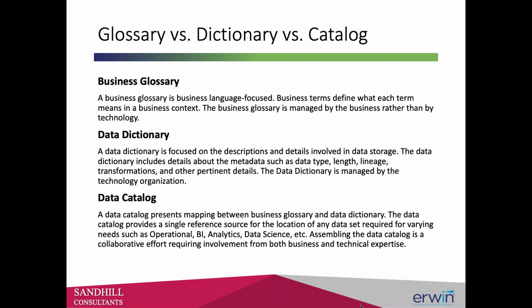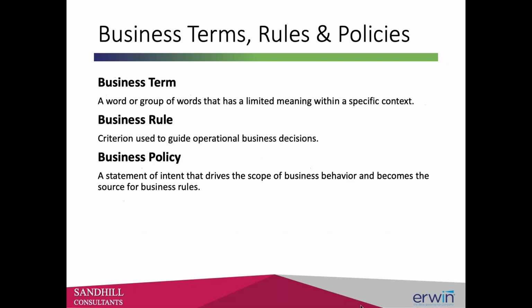It essentially shows you the business term and its lineage down to where it's implemented, the technology side of things. So really, they all sort of work together, but the catalog concept is really the association of the glossary terms with the data dictionary. So that's what I hope to focus on during this presentation.